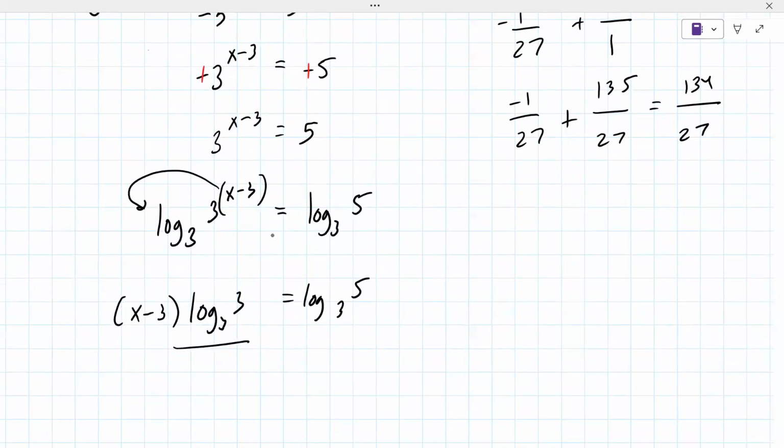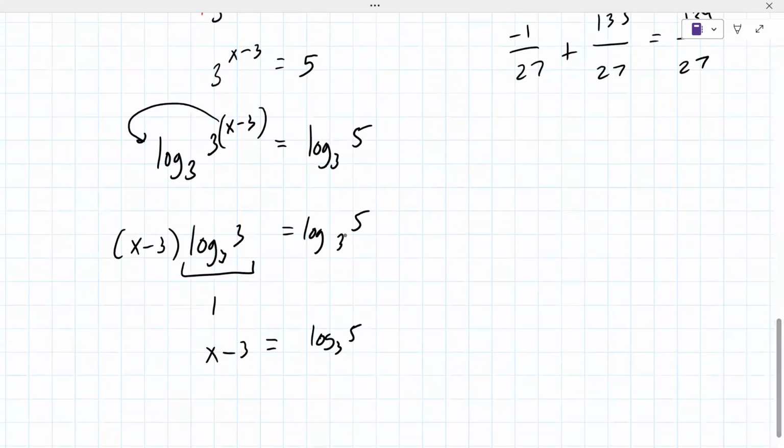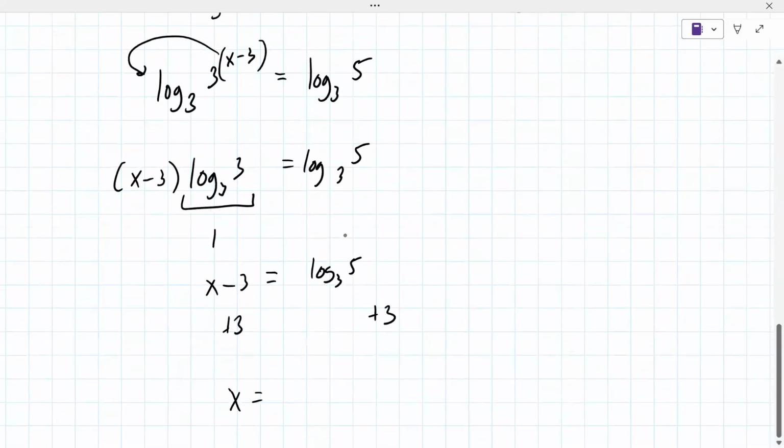And then you divide both sides by this, but this is really 1, so there's nothing to do there. So you really have x -3 equals log base 3 of 5. And then you add 3 to both sides. So x equals log base 3 of 5 plus 3.